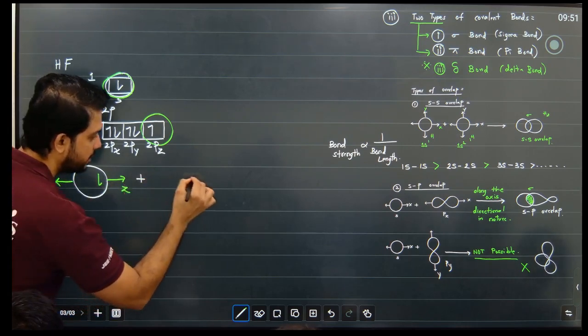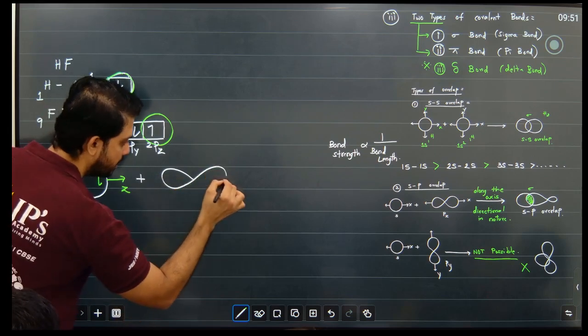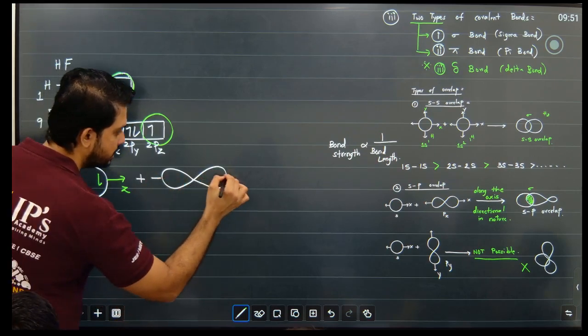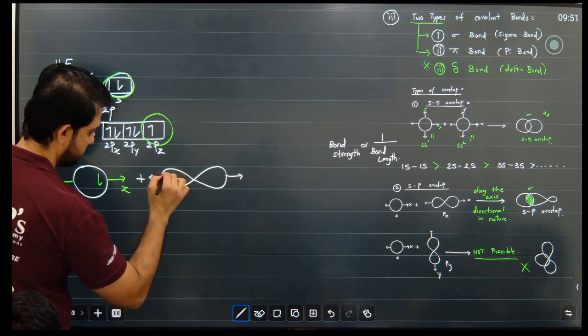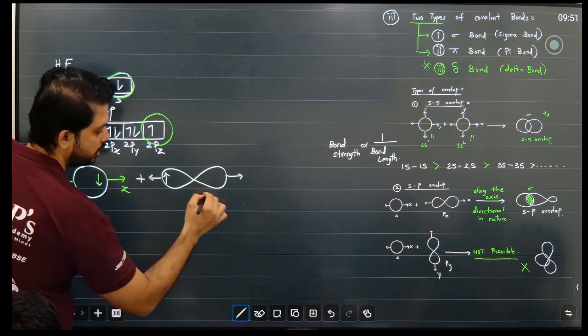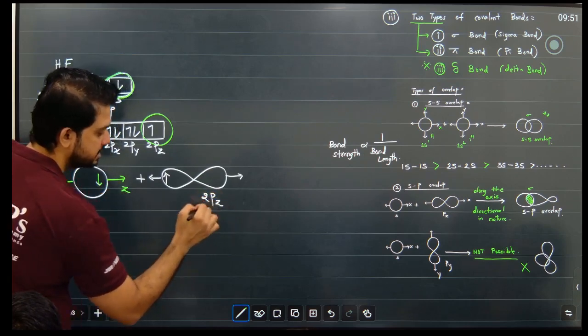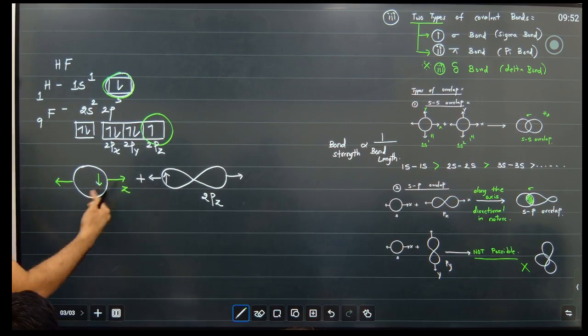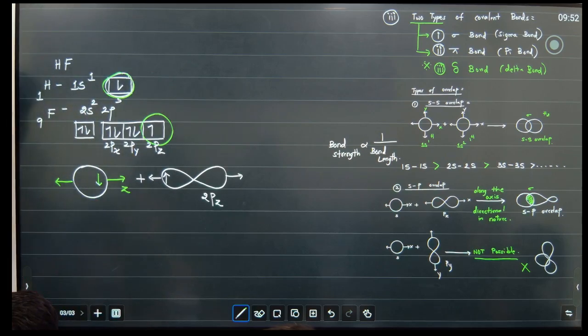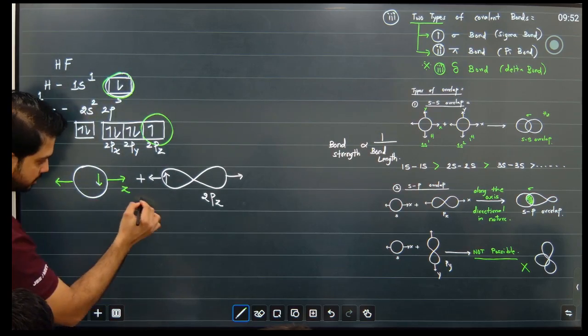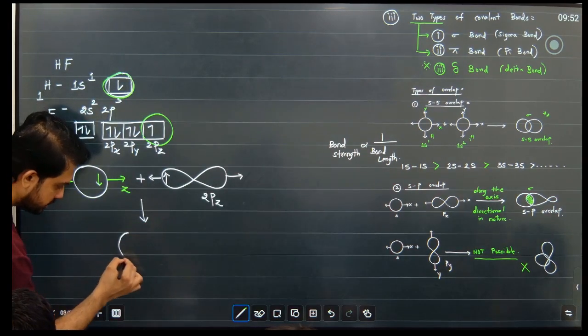And यहाँ पे हमारे पास कौन आएगा? फ्लोरीन का 2pz. They come close to each other and same ऐसे overlap बन जाता है, sp overlap. So the final overlap structure कुछ ऐसे दिखेगा वो.